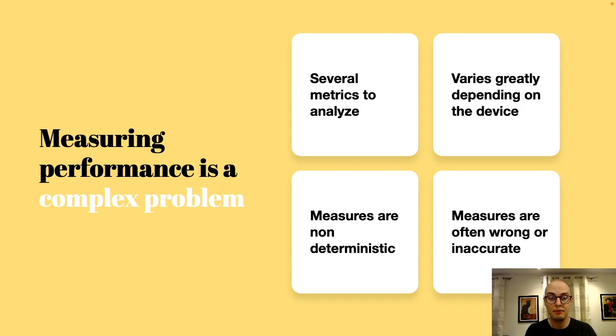So all in all, I could have named a lot more issues to say that measuring a mobile app's performance is actually a complex problem. A very interesting one, that's for sure, but it can be quite complex to achieve something.